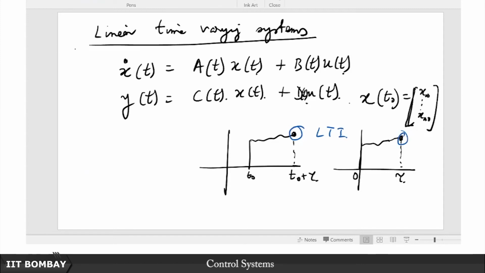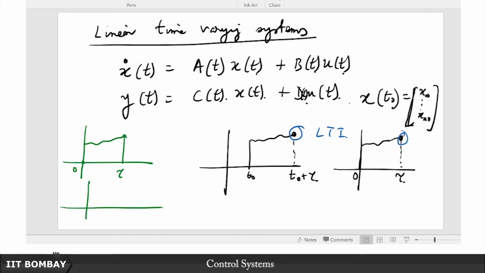But now in a linear time varying system, you have to be careful, that is what makes this so complicated. Because now if you apply an input at the time t equal to 0, and you observe the output at tau, it could be like this.